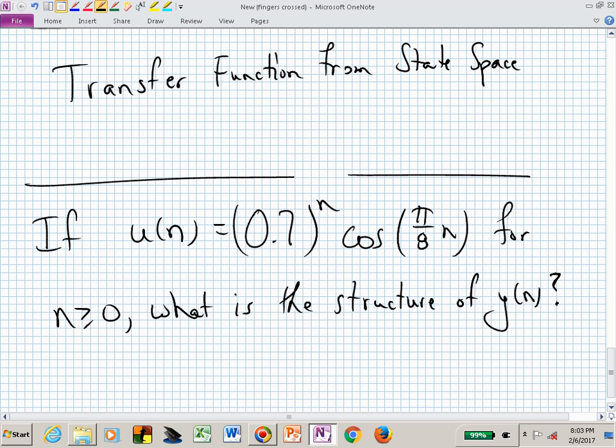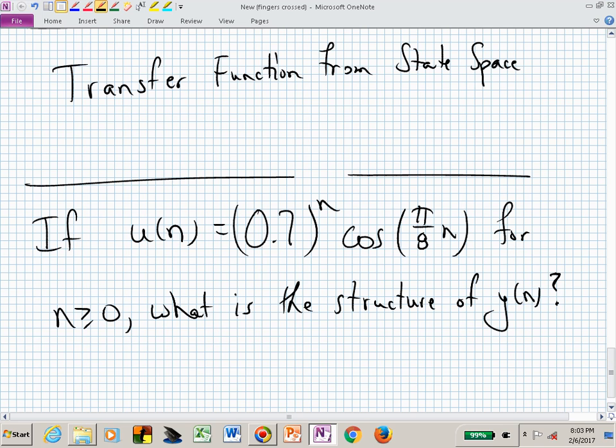So now this is the same system, the difference equation or the state space or the block diagram or the transfer function, and I say, here's the input that I'm applying to the system, and I want you to tell me what's the structure of y of n. Now I don't need to know the exact answer, I just need to know the terms that make up the structure.